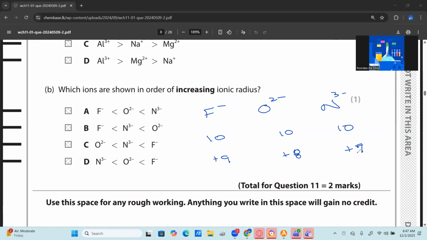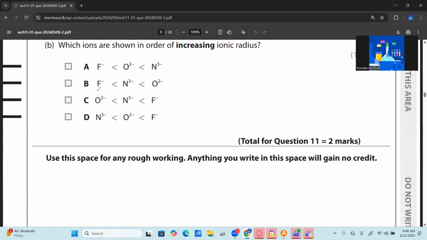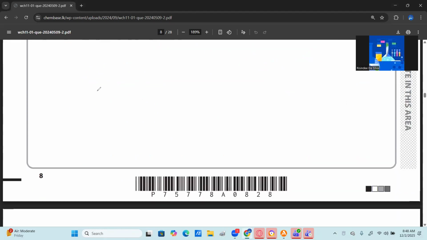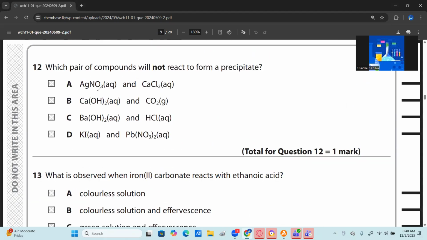So when you have fewer protons and more electrons, there will be a lot of repulsion between the inner electrons and the outer electrons. So the shielding effect is very high in N3-, then O2-, then F-. You can see the difference is 1, 2, and 3. So N3- will have the greatest ionic radius, then O2-, then F-. Then we'll see the next one.